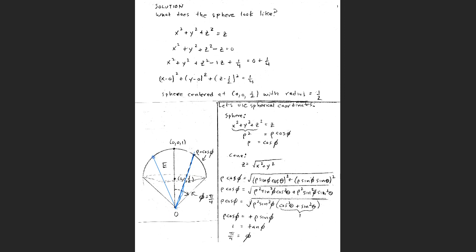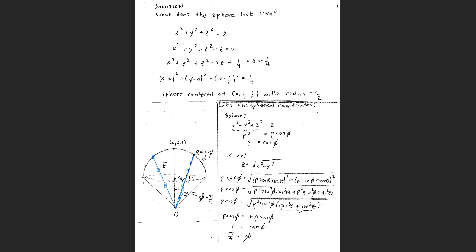All the points in the solid would have values of rho that go from rho equals 0 up to rho equals cosine phi. That's the max.